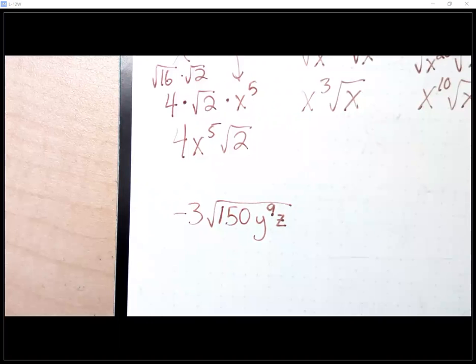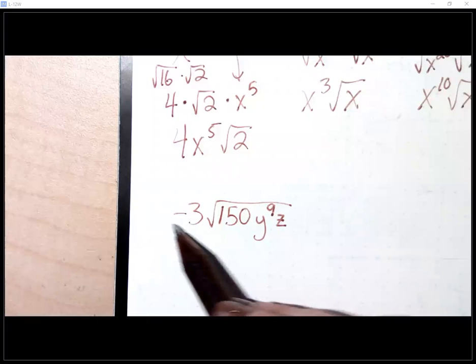Okay, so piece by piece. Don't get thrown off by this -3 in front.